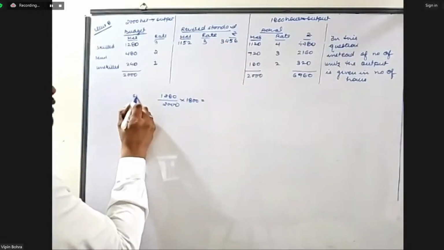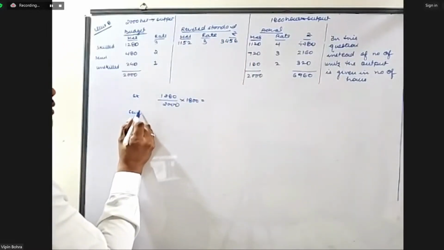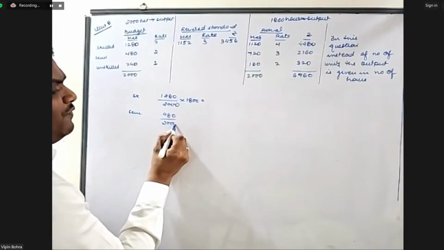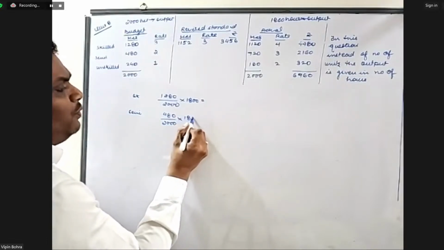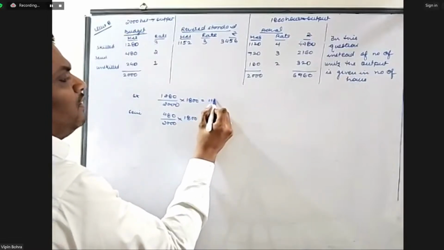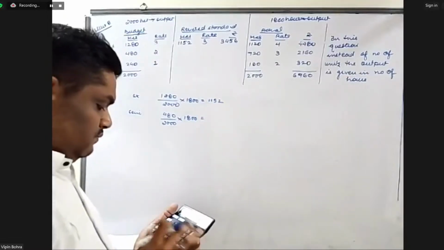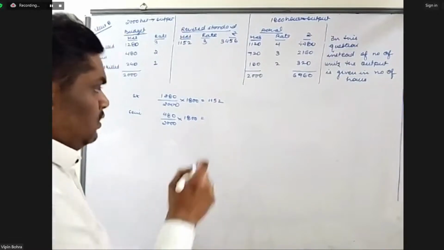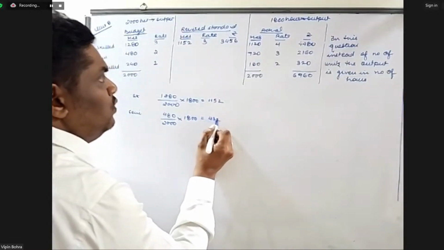Similarly, 480 hours for 2000 hours of output, my actual output is 1800. So this will be 432.